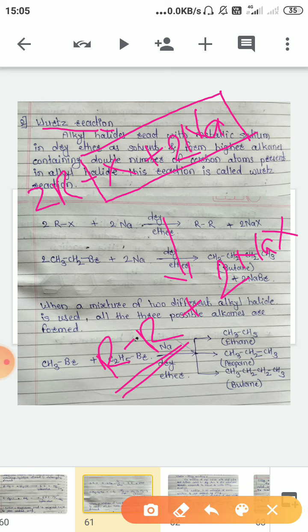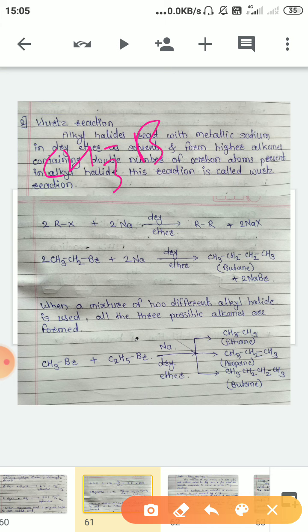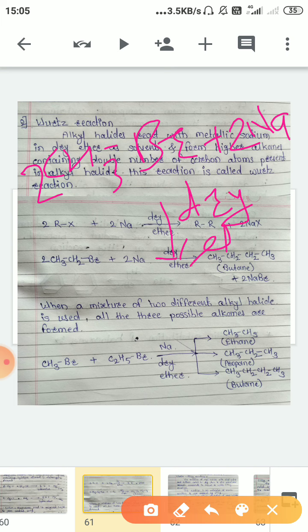If we have taken methyl chloride, bromide, or iodide, any one we can consider. Here, 2 moles of CH3Br react with 2 sodium metal in the presence of dry ether.